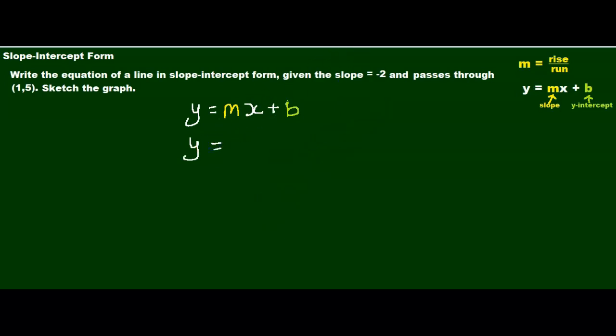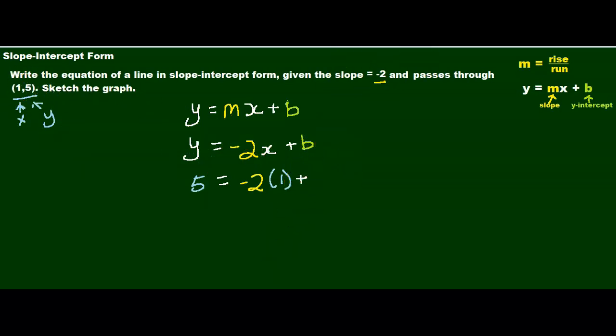Y equals, now our slope is -2, so my m is -2x plus b. Now we don't know what b is, but we're given this point 1, 5. Now my 1 is my x, and now my 5 is my y. So I'm going to change my y to 5 equals -2, and my x now became 1 from here. I can do this because this is my general equation and it's going through this point 1, 5.